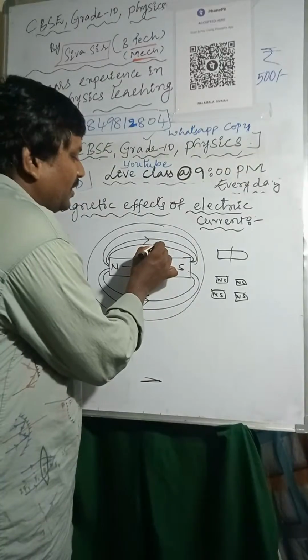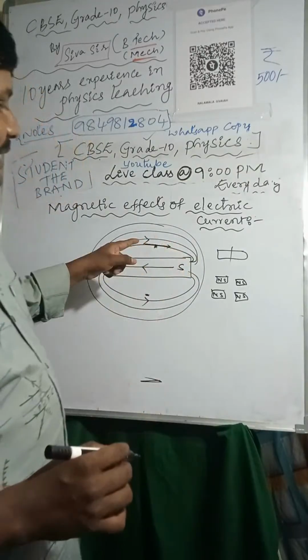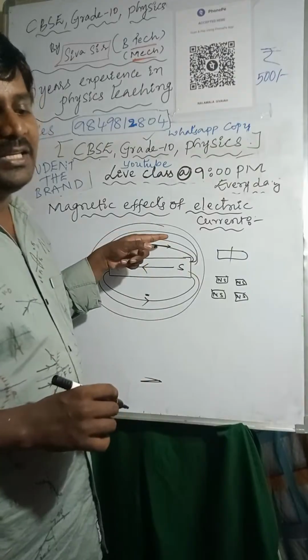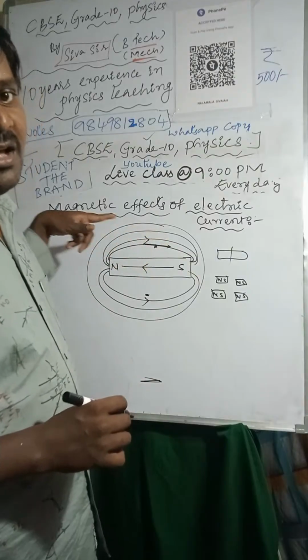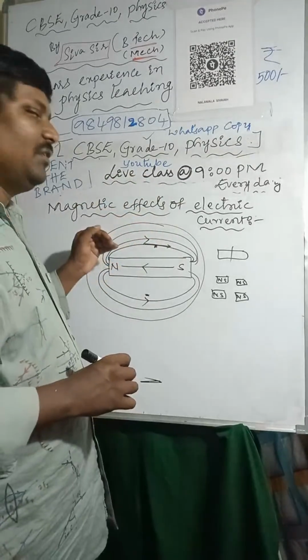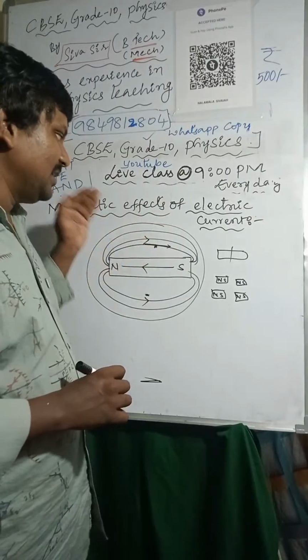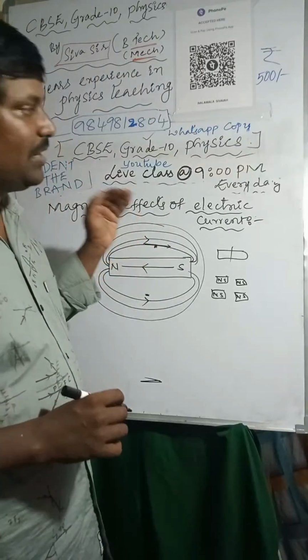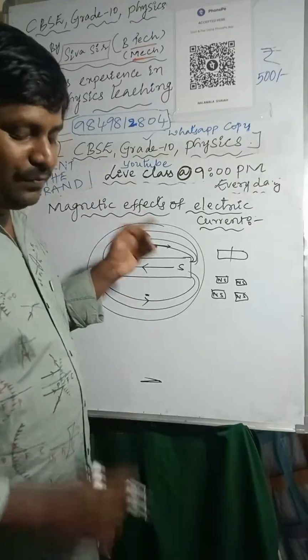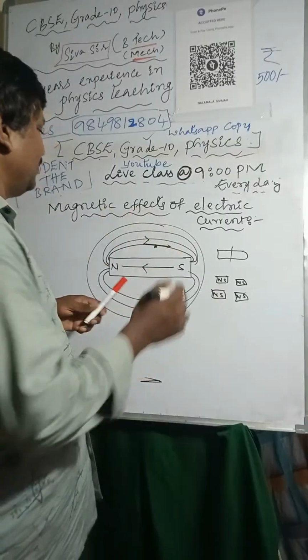So at this point, if you draw the tangent to the curve, along that direction the magnetic field will be there. Tangent means the line touches the curve at one point. That is called a tangent. If you draw the tangent to the curve, along that direction the magnetic field will be there.